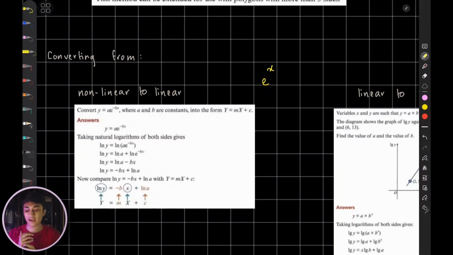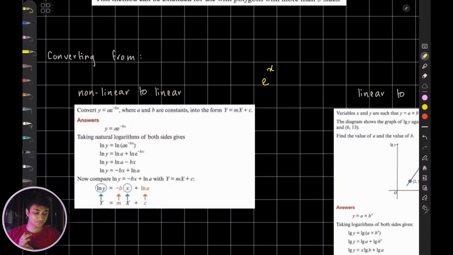You have to use the ideas from chapter 5, which is logarithm. You have to use the idea of logarithm and the ln function to convert e to the power x curves into straight line equations.